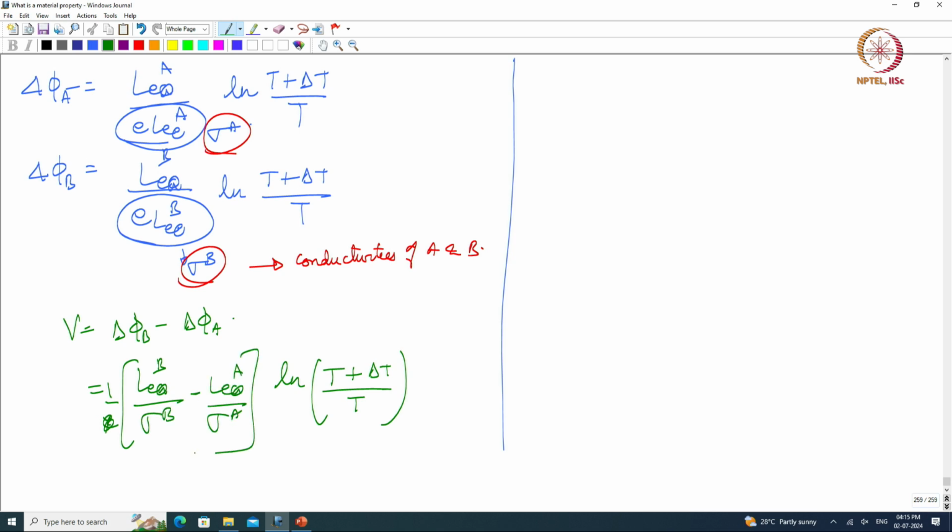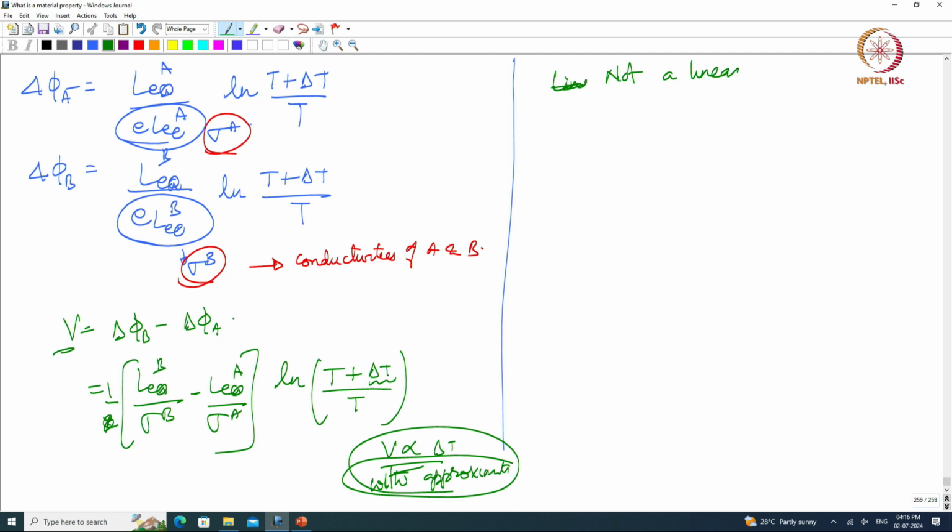If I know these coefficients, I know what voltage I am generating, and that is not linearly dependent on delta T, but with some approximations it will be dependent on delta T. So, this is not a linear temperature detector.